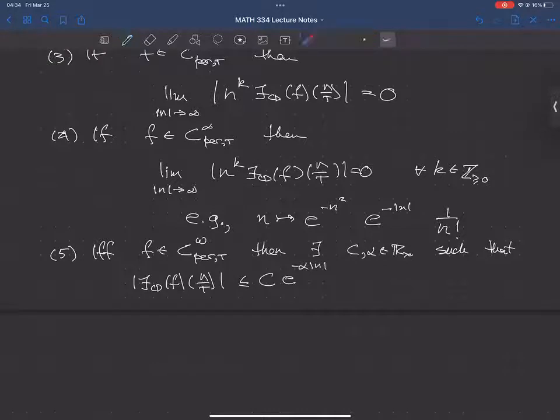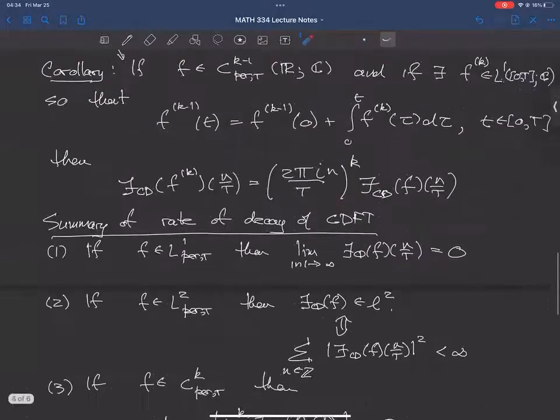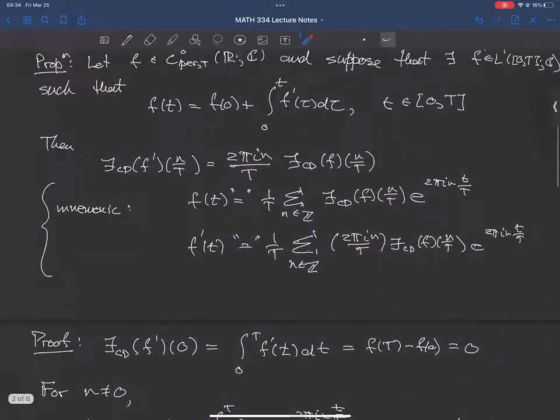And so these examples of things that decay faster than polynomials will work here. In fact, these things that I wrote down here won't give you a signal that's just infinitely differentiable. It'll actually give you a signal that's real analytic. Okay, good.